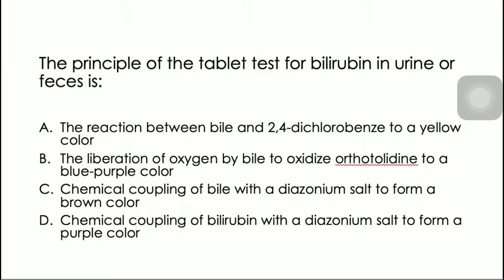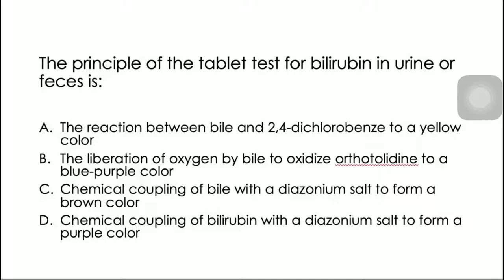Okay? The principle of the tablet test for bilirubin in urine or feces is, so the tablet test here is called the Ictotest, if we recall from our clinical microscopy. And the Ictotest is a confirmatory test for the result of the reagent strip for the measurement of bilirubin. So it is more sensitive and specific than your urine dipstick.